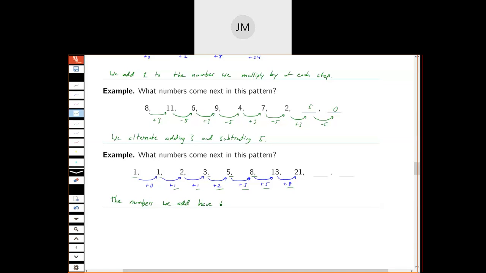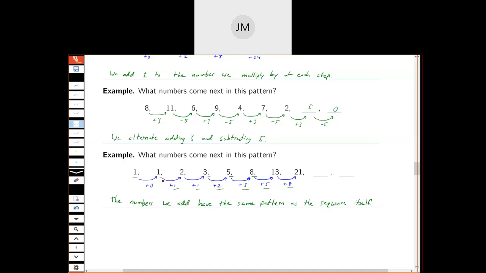So the numbers we add have the same pattern as the sequence itself. Maybe I can't even figure out what that pattern is, but I can just look at it, right?